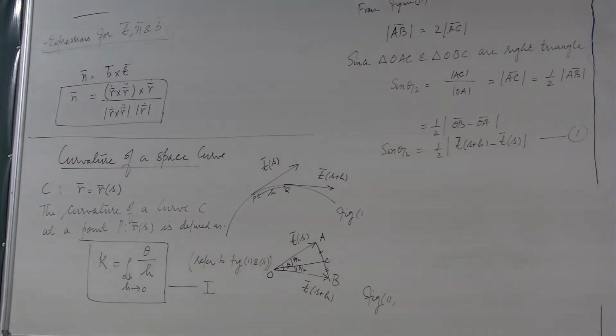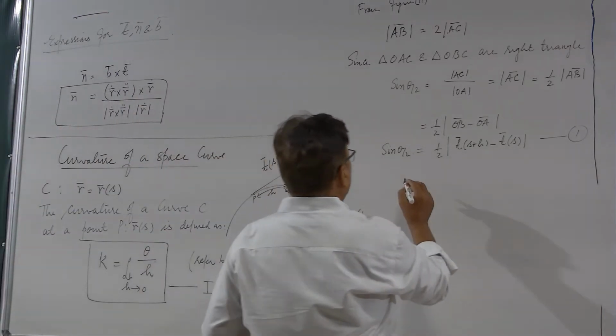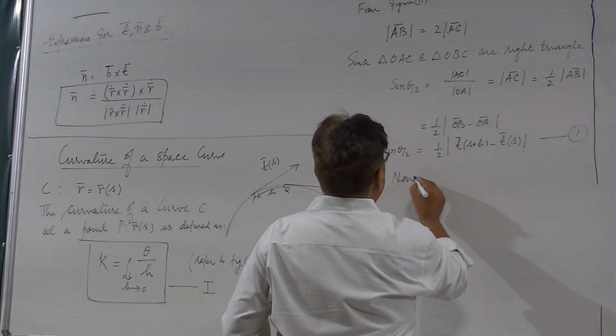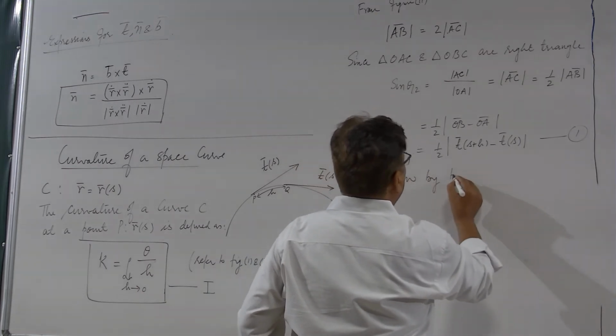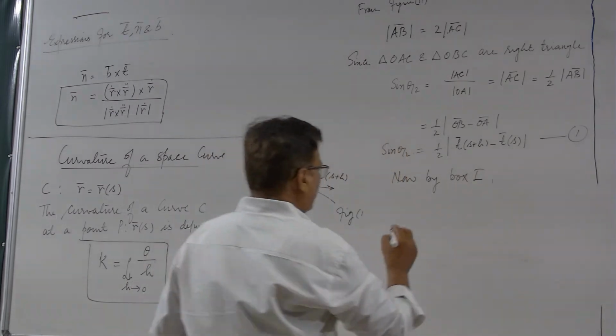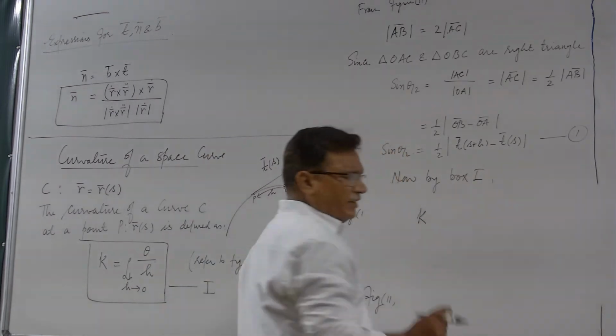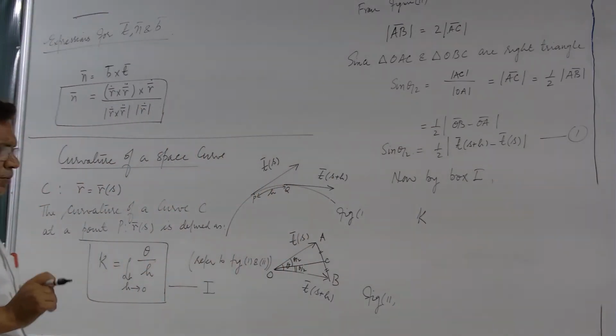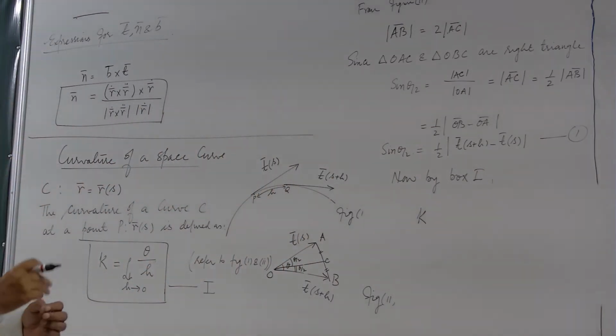So, now by box relation 1, k equal to the curvature of the curve at a point P. This is important. Curvature of a curve is not the same throughout.